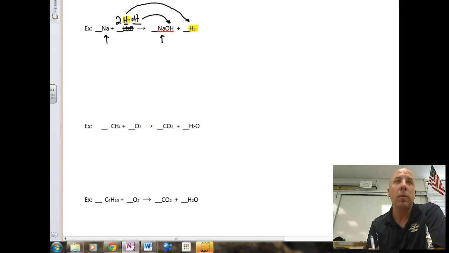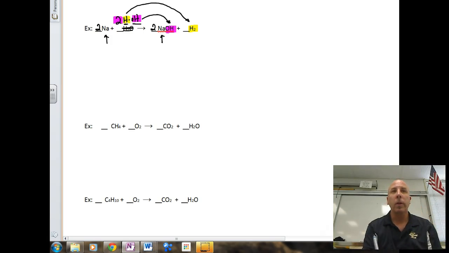So I'm going to go ahead and place a 2 in front of that, just like that. Now I have 2 hydroxides here, but I only have 1 hydroxide there. So I'm going to place a 2 there. Now that changes my sodiums, so I'm going to go ahead and place a 2 there. And now I'm balanced. So my correct coefficients are 2, 2, 2, 1 for the hydrogen.